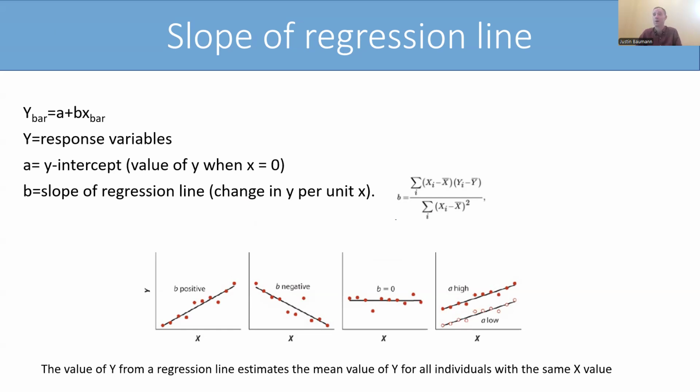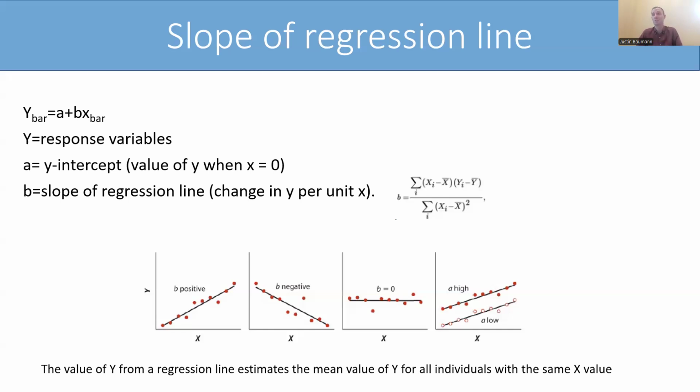All right, Y, that's our response variable. A, it's the y-intercept. You've probably seen this denoted as AX plus B. I recognize that is another way to look at this. And I'm sorry that the textbook uses A plus BX. I think that that's kind of annoying. But nonetheless, I'm trying to use the same notation as the textbook so that when you refer to the textbook, you don't get confused.